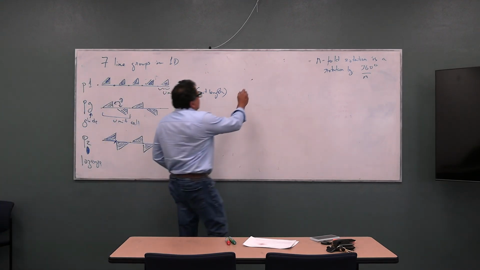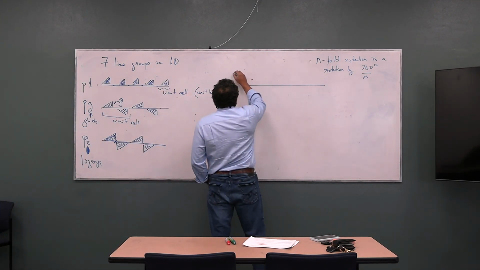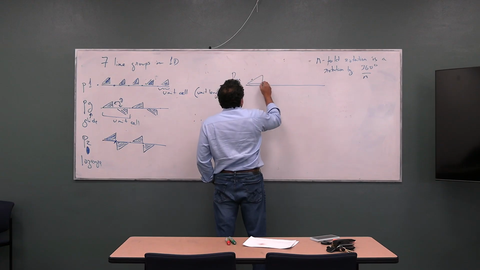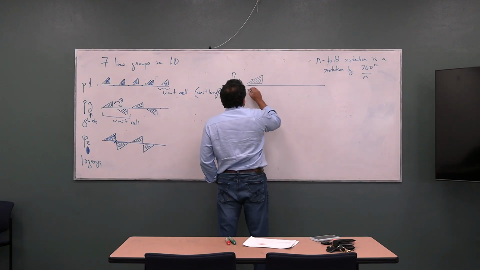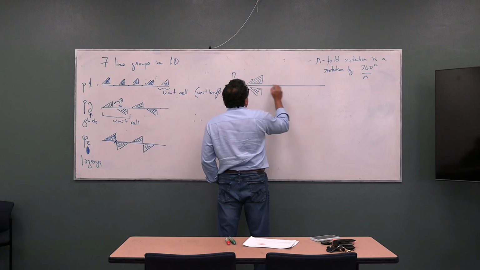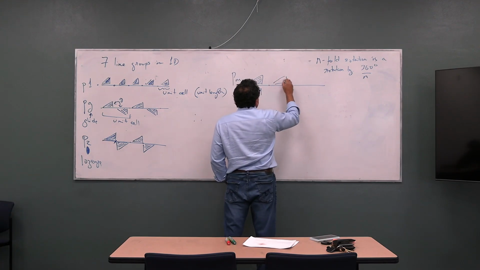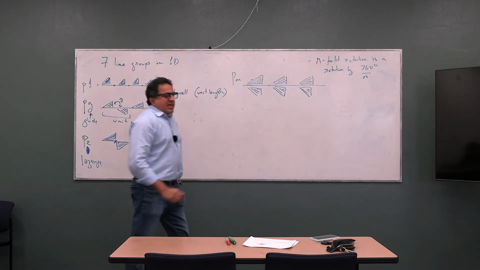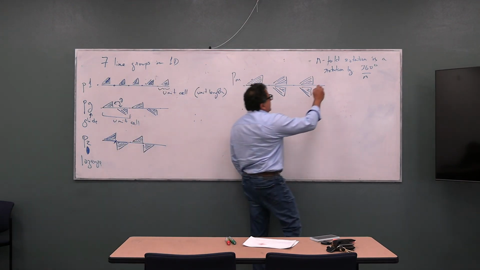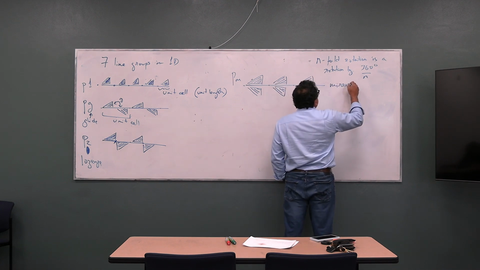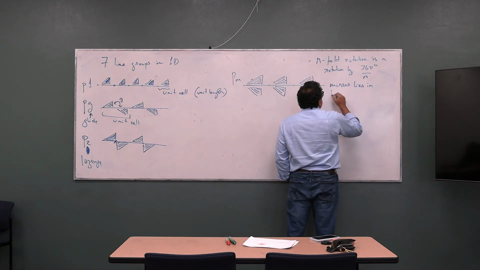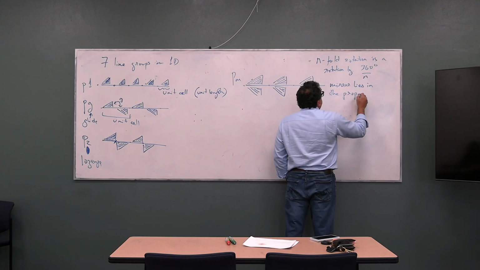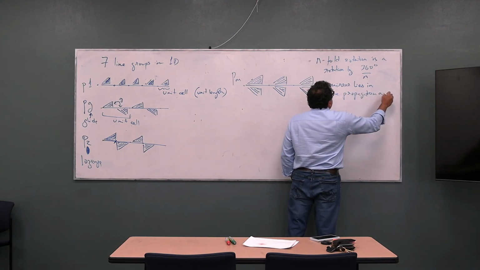The fourth one is going to be a mirror. This is called PM. If this is my object, the mirror is going to take this object and make it look like that. And this mirror lies in the propagation axis.